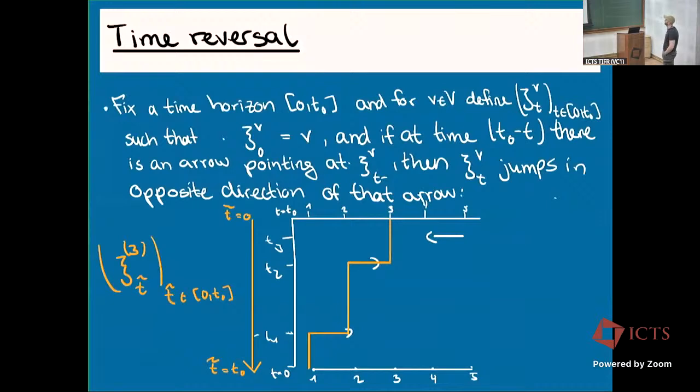And then if at time t0 minus t, so it runs backwards in time, right? So this is this time reversal. If there is an arrow pointing at zeta t minus, then we will perform a jump in the opposite direction of the arrow. So basically what we're doing is just tracing back the opinion backwards in time, right?